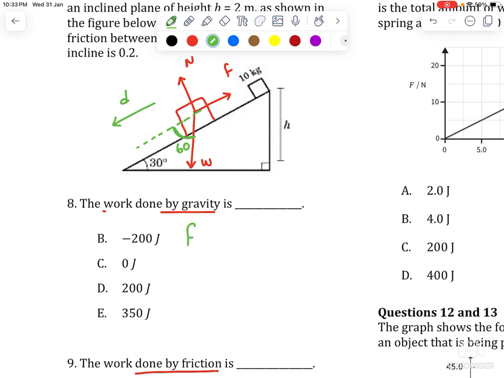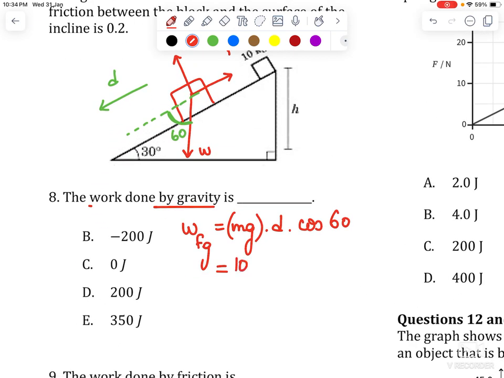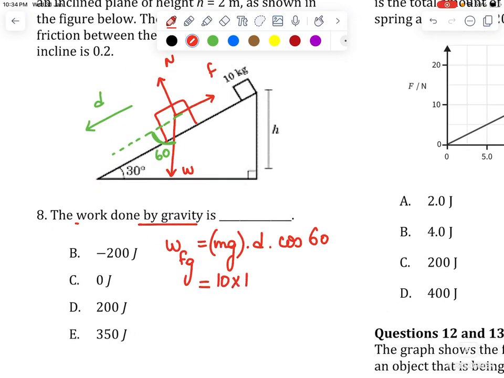So the work of gravity equals the force of gravity, which is mg, times the distance, times cosine of 60. So here I have 10 by 10 by 2 by 0.